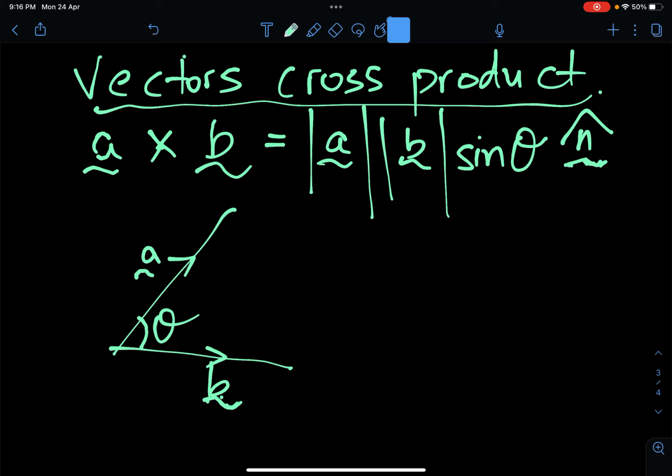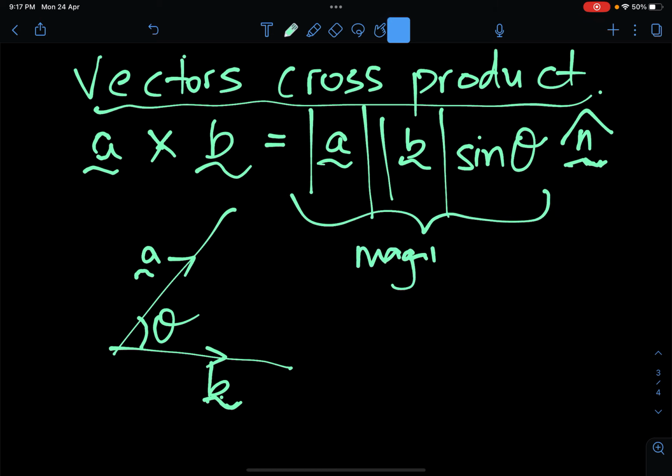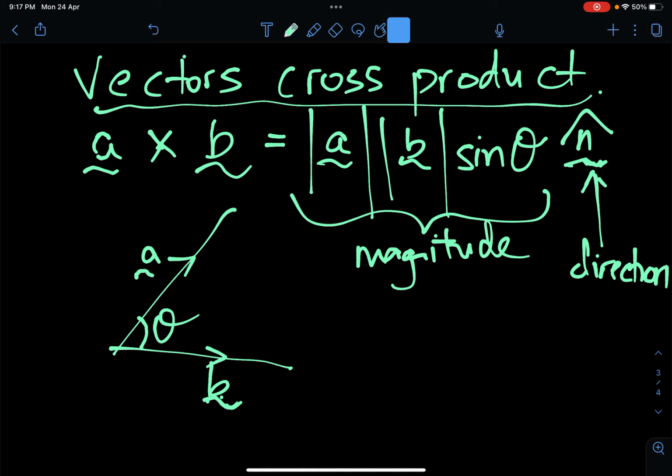Okay, so what this means is simply, this is the magnitude of the output vector. When you cross two vectors, you get a vector that has this magnitude, meaning it's the length of the output vector, and this is the direction of the resultant vector, the output.